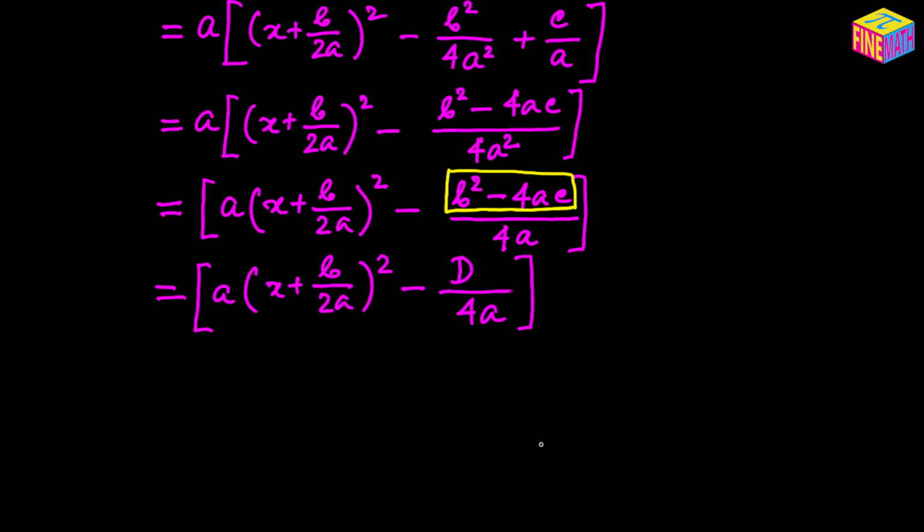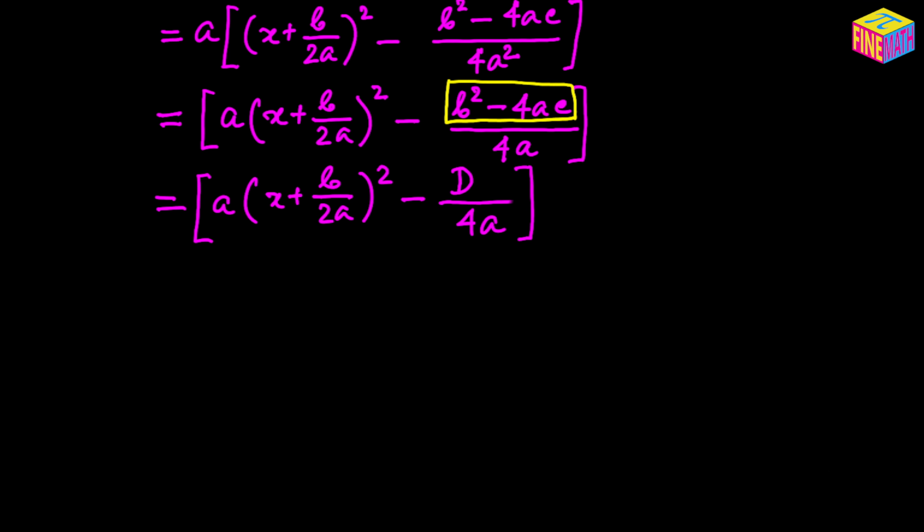Now before we go into the further discussion, we need to understand one very important property of real numbers, and from there we are going to develop an inequality, and from the inequality we will show the minimum value or the maximum value of this quadratic function, which we will derive now, right? So let's talk about this very important property: the square of any real number is always non-negative, meaning it is greater than or equal to 0.